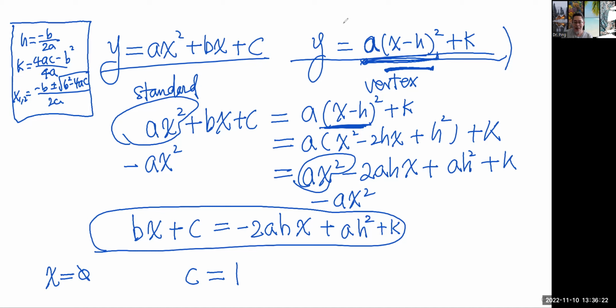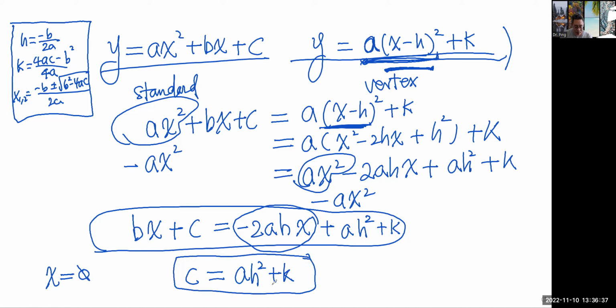On the right-hand side, this part is 0 because x is 0, so we got ah squared plus k. Very good equation we have. Well, we still have how many variables? We got c, a, h, and k. So there's still a way to go, but at least we'll find one.